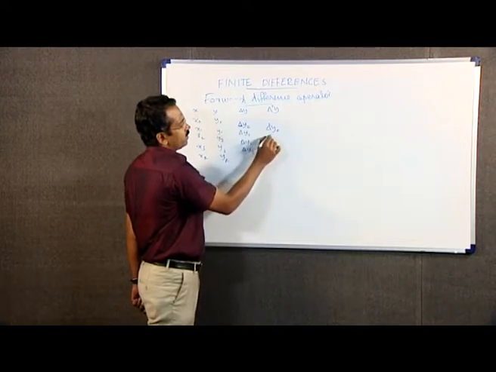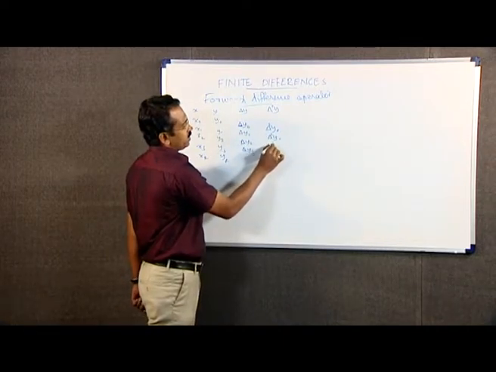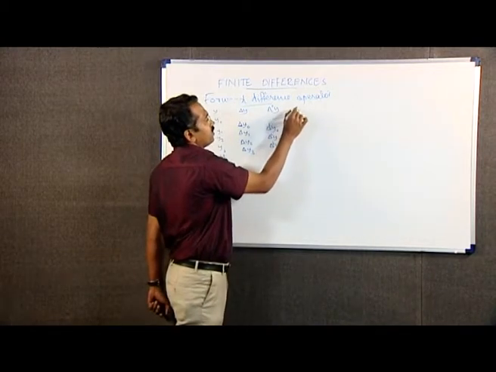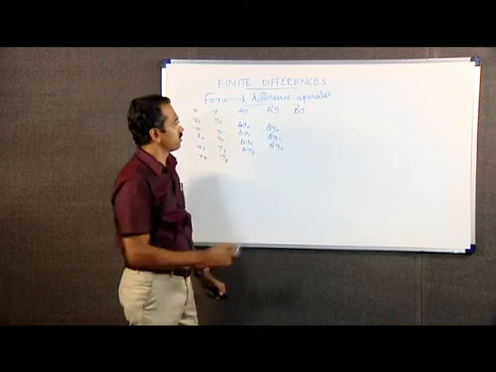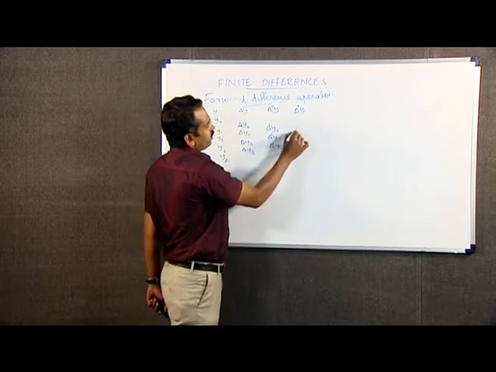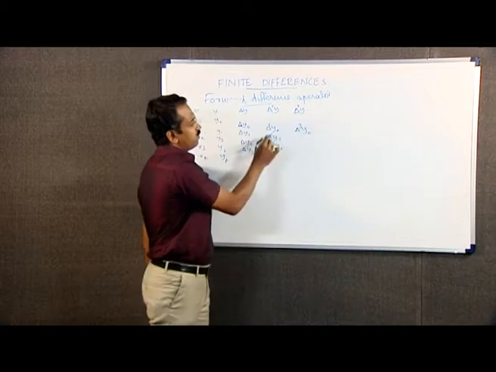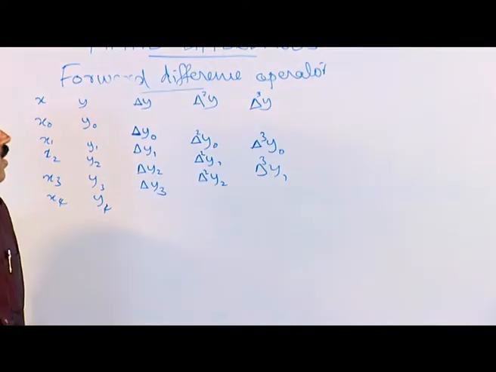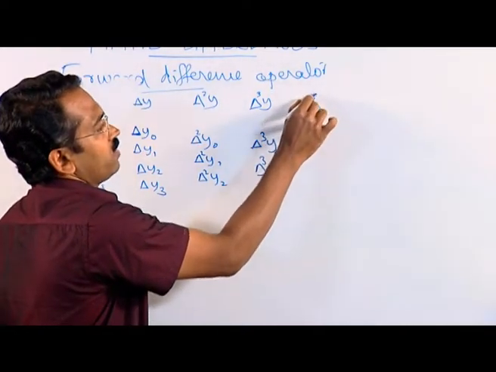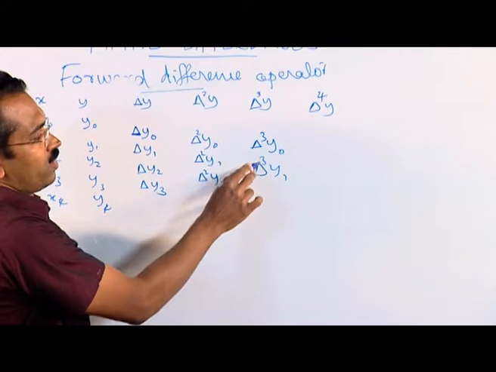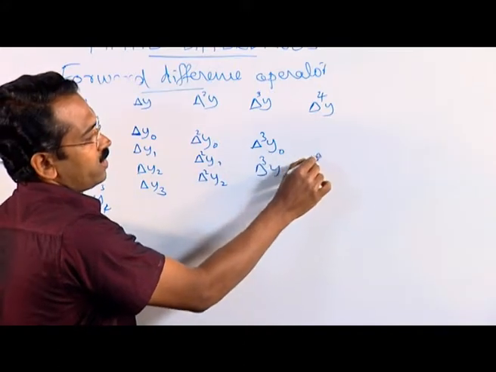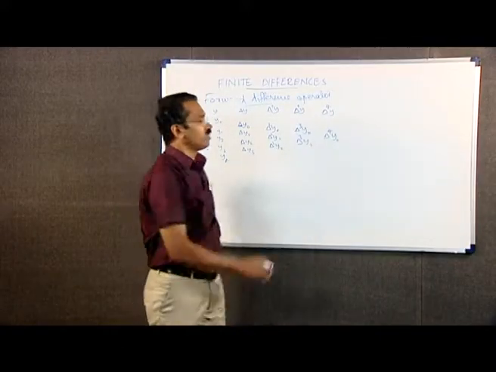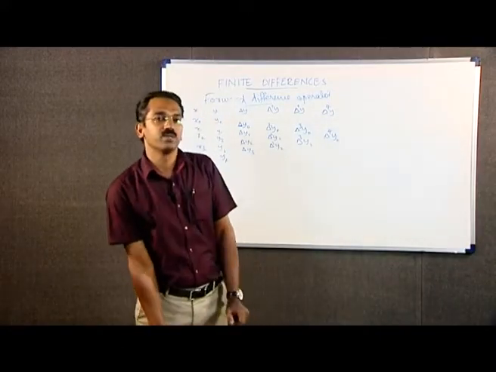Here delta square y1, delta square y2. And the third differences, next column is for third differences, delta cube y0. In between these two, here delta cube y1. And the fourth difference is in between these two, that is delta 4 y0. This table is called the diagonal difference table.